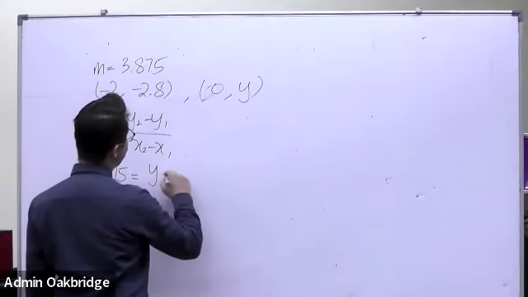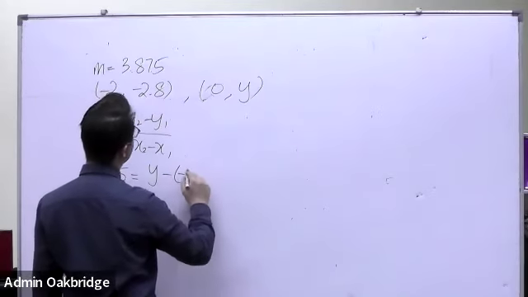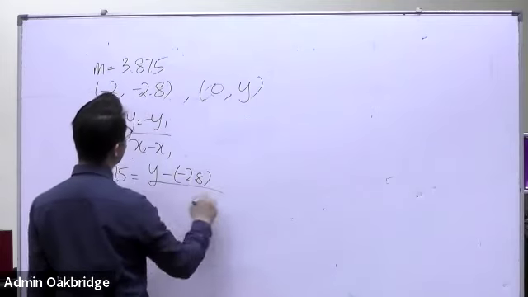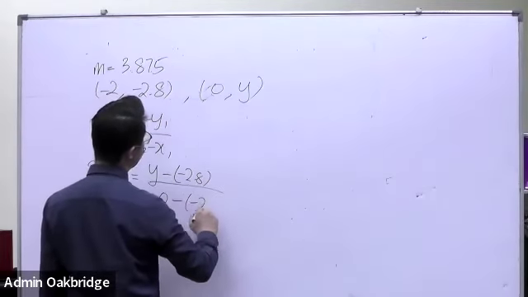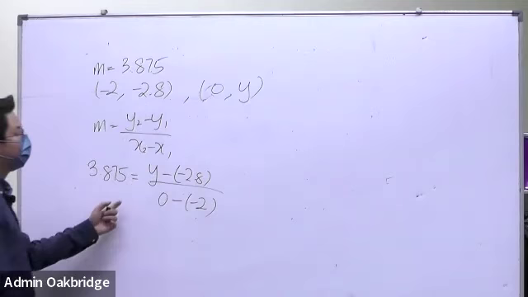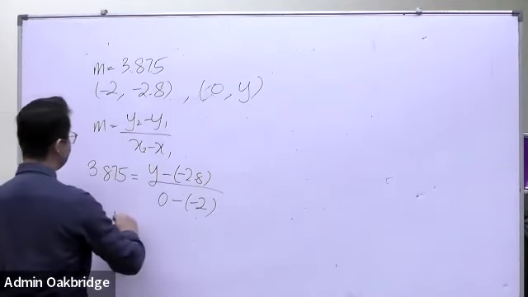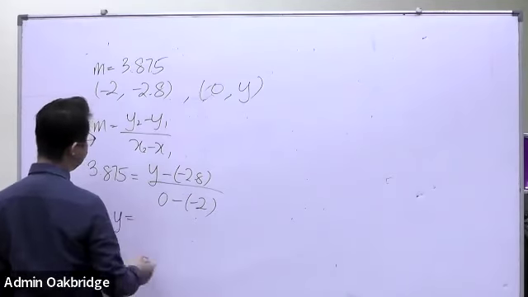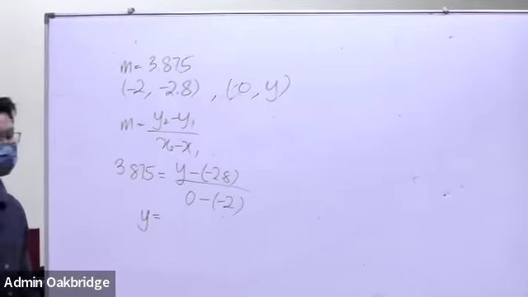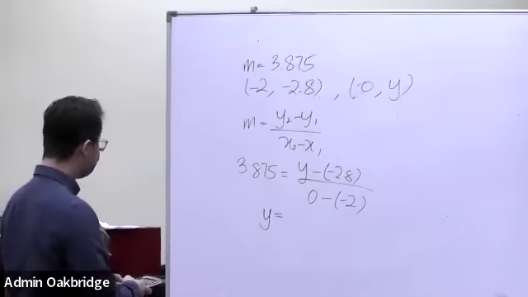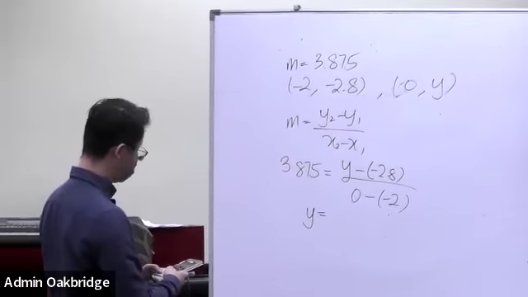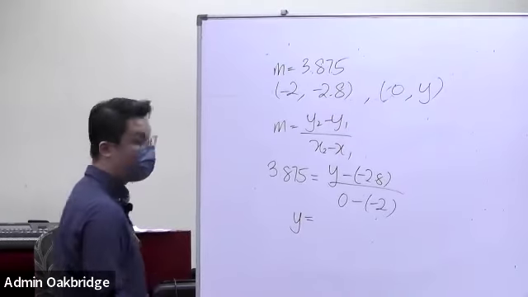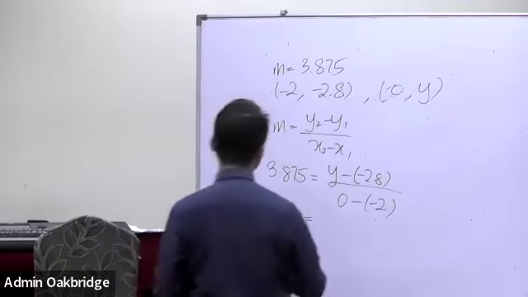So you can take y minus negative 2.8 over 0 minus negative 2. So from here, you can get the y already. Y will be approximately around 4.95, right? 4.95.